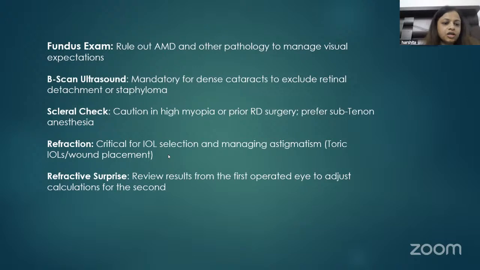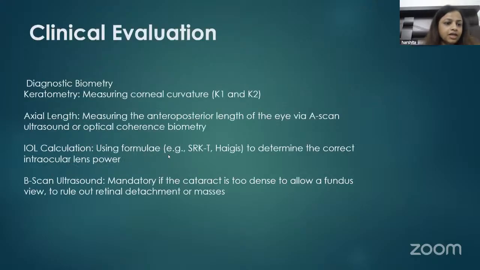Then refraction, basically to plan accordingly for the IOL, toric or non-toric IOL, and wound placements. And for refractive surprise, review the result from the first operated eye to adjust the calculation for the second one. Clinical evaluation includes diagnostic biometry, keratometry, as you all know, axial length, and IOL calculation accordingly.